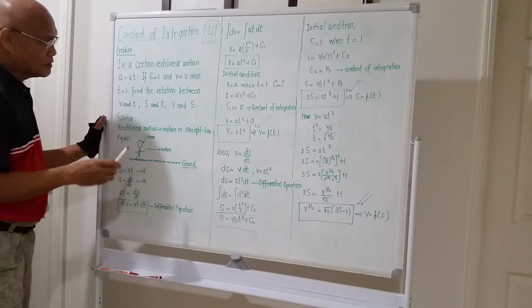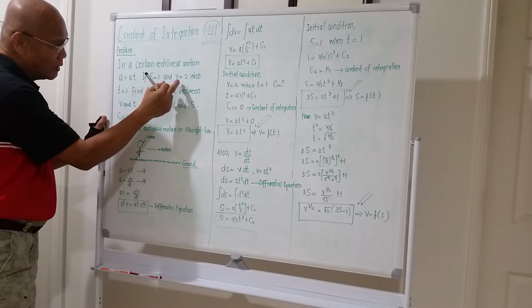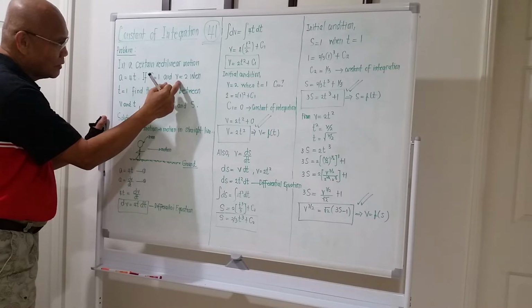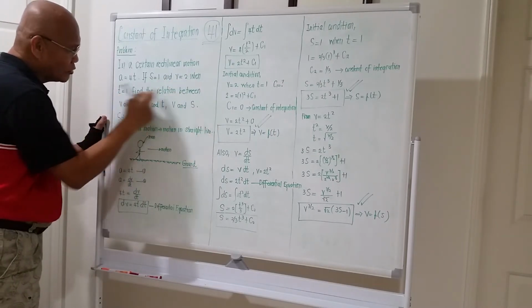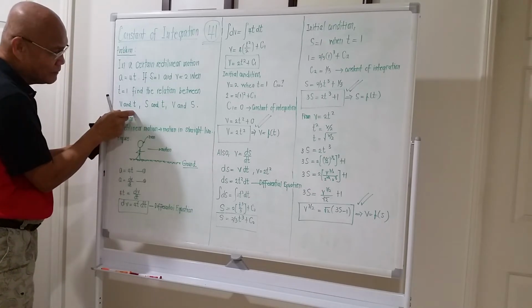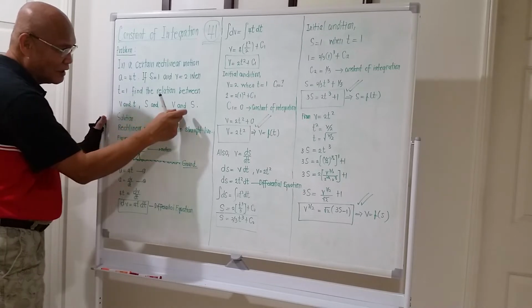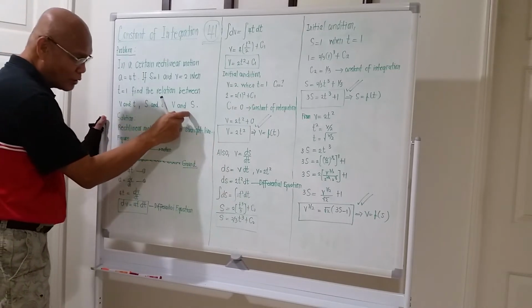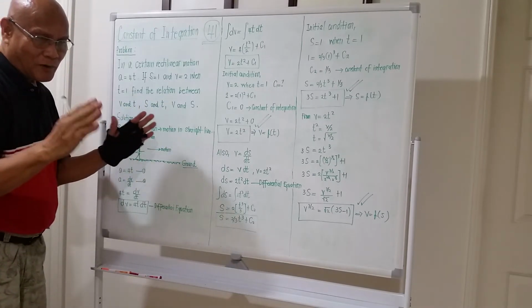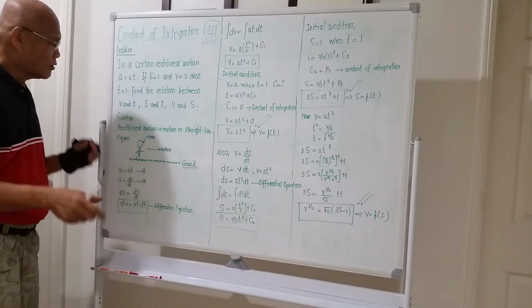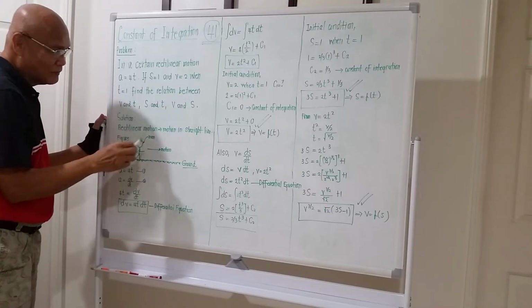The initial condition is this: if s is equal to 1 and velocity is equal to 2 when time is equal to 1, find the relation between velocity and time, distance and time, and velocity in terms of distance.